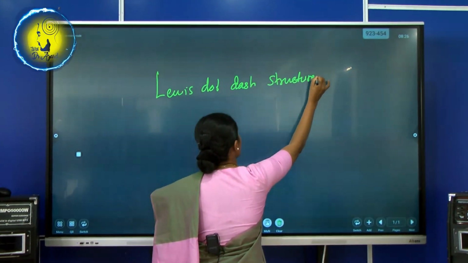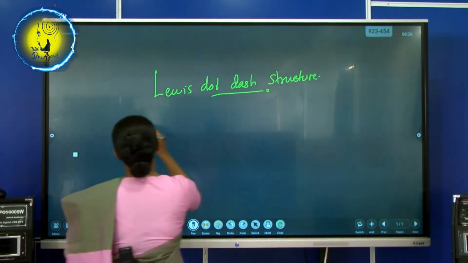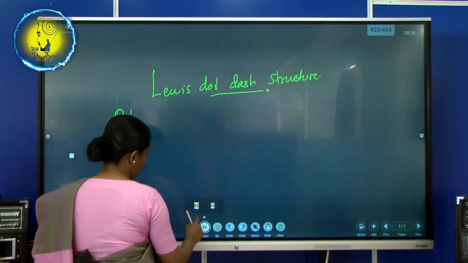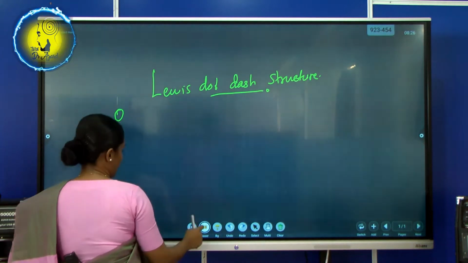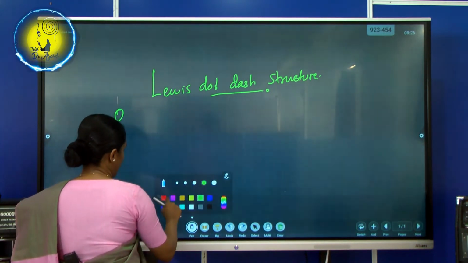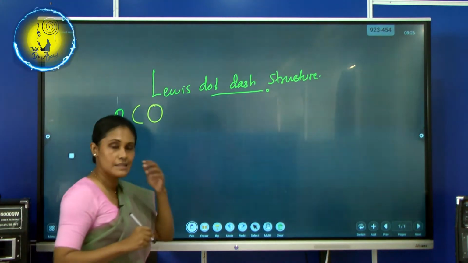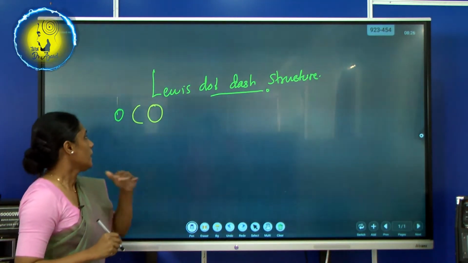I'll take two examples. So this is my first example. I'll take carbon monoxide, right? So you know this is carbon monoxide.